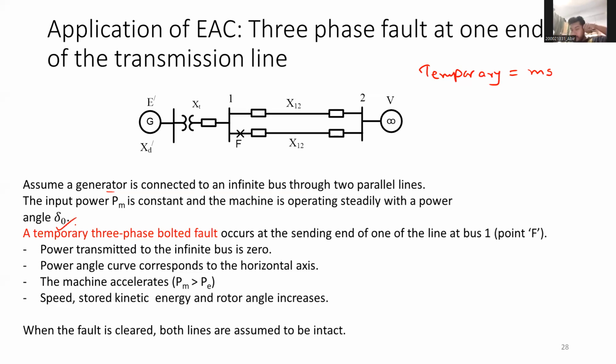A temporary three-phase fault. What can be a more severe fault than a temporary fault? It can be if the fault is permanent. That is, the tree fell on the transmission line and somehow the transmission line is torn apart. That is a permanent fault. Nothing can be done until and unless you replace those transmission lines. We are not dealing with those things.